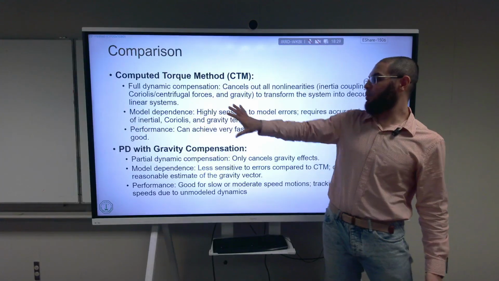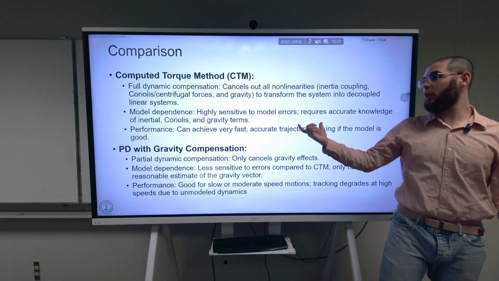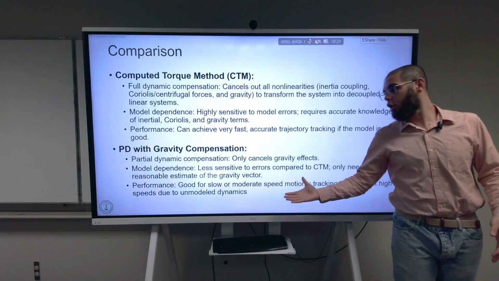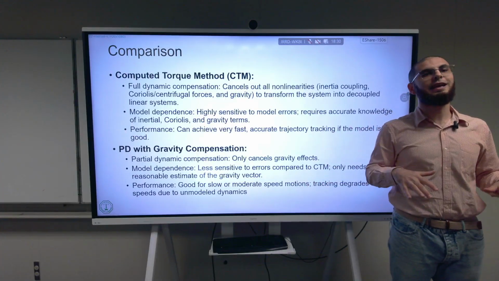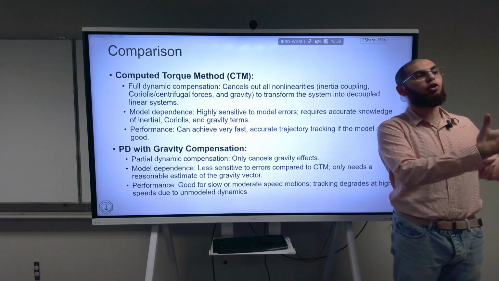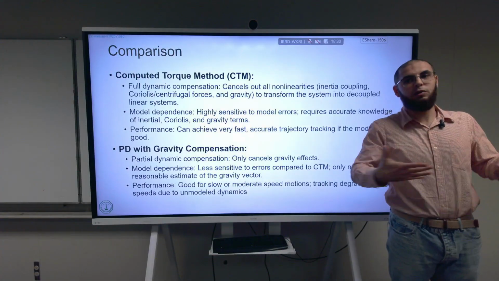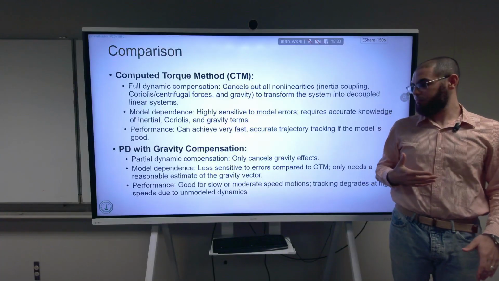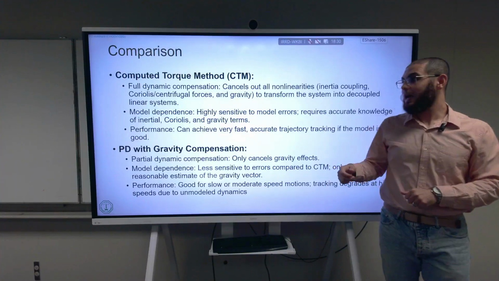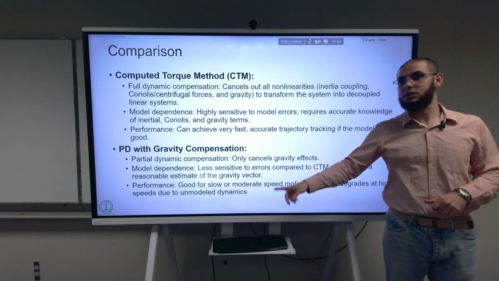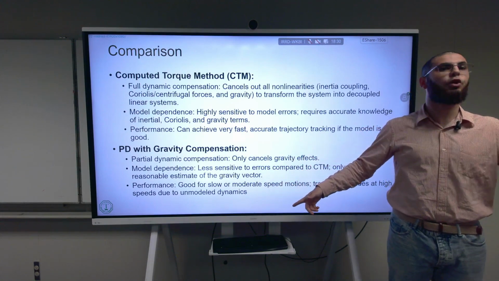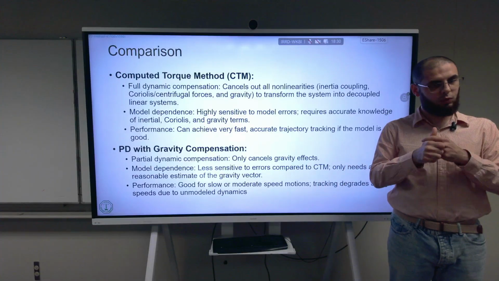Provided I know exactly what the parameters look like, this one will be able to achieve fast and high dynamic performance. While with the lower one, I cannot really get that much performance because I still have all of these nonlinearities that will slow me down. Sometimes they might counteract the motion I want to do. So in real life, actually this is better because when I'm using this controller, I am introducing fewer errors into the controller problem. Okay, that's one thing.